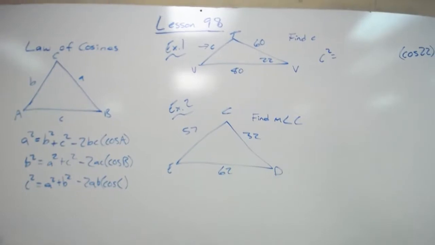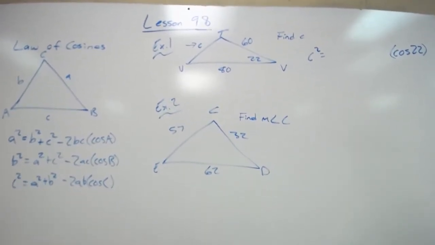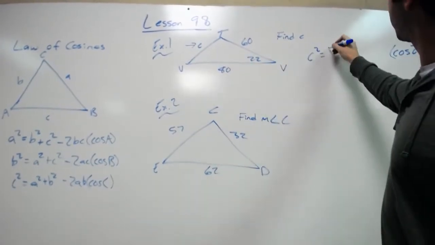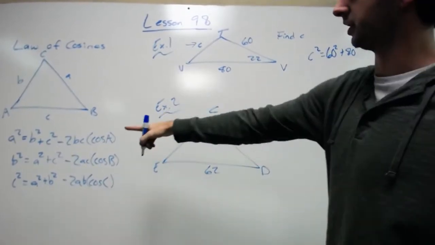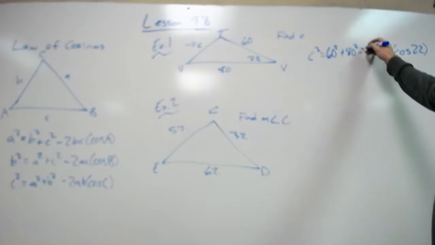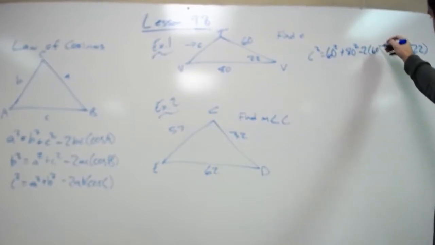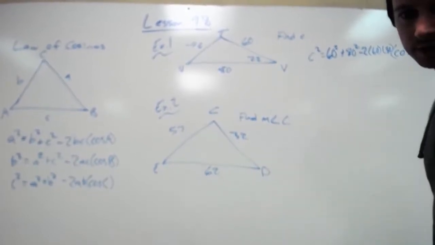So c squared equals 60 squared plus 80 squared. I'm just plugging everything into the formula. Minus 2 times 60 times 80 times cosine of 22.